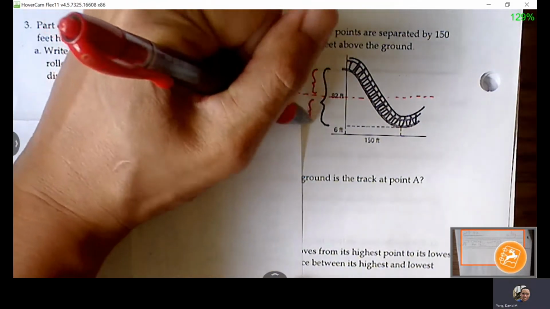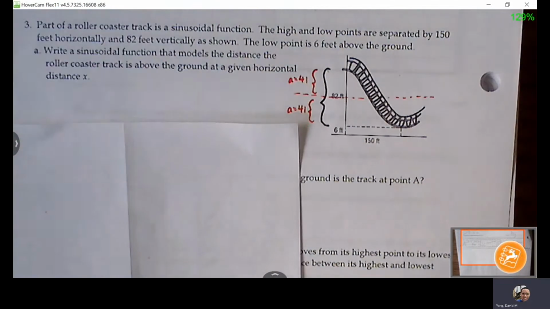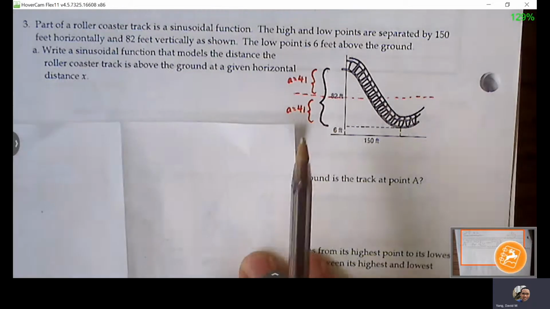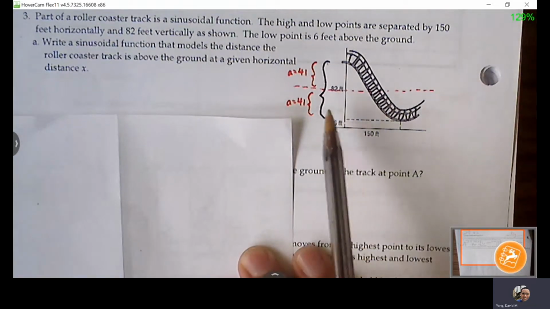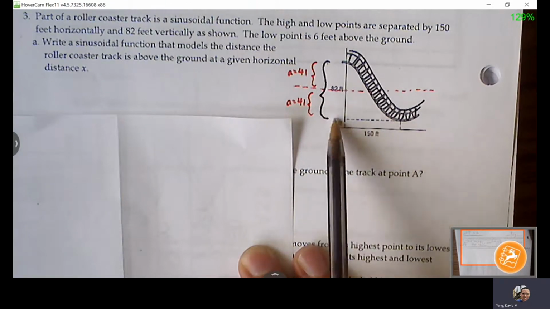Okay, what do we get for our D value? That D value is going to be 41 plus 6, since the lowest point of the track is 6 feet above ground.